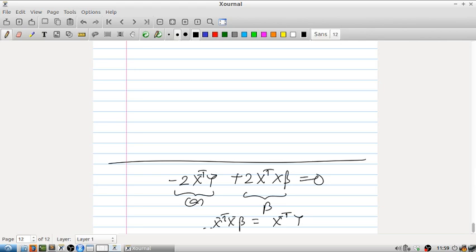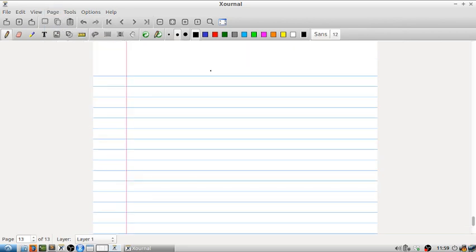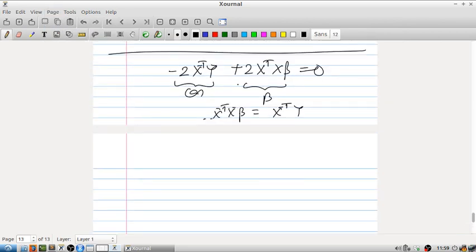Then you pre-multiply both sides with x transpose x inverse.